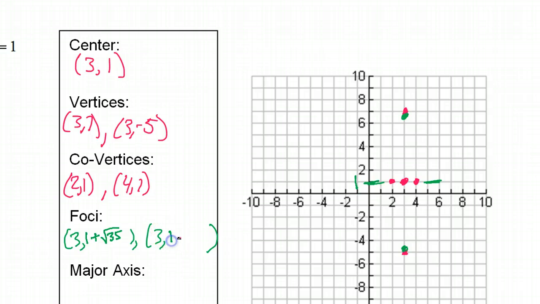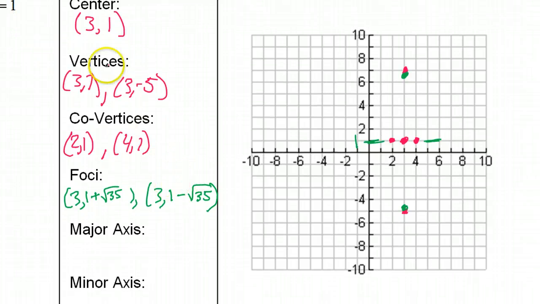And then the other one will be 1 minus radical 35. That shows that we started at a y value of 1 and we went down radical 35. Going down is subtracting. So this is how you would have to write the foci.